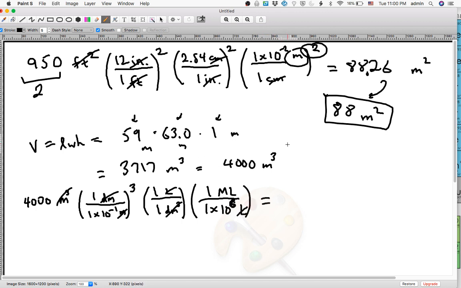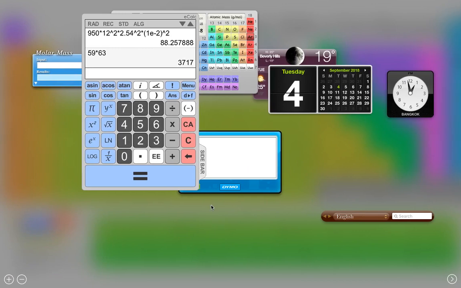So the answer is going to be 4,000 divided by this cubed divided by that. So this is 4,000 divided by 1 EE negative 1 cubed divided by 1 EE 6.